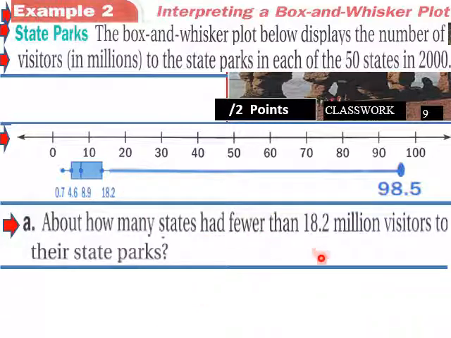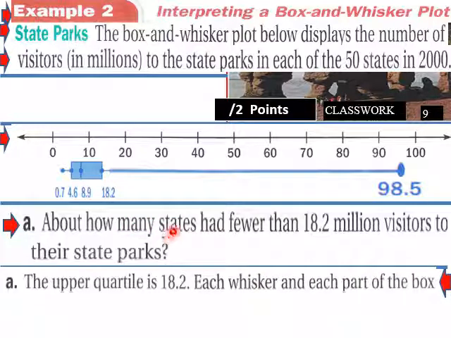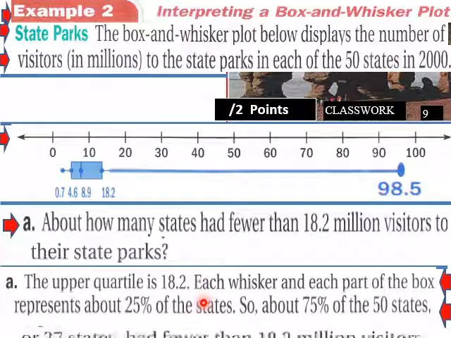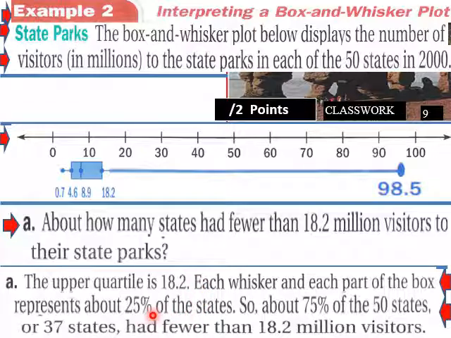So about how many states had fewer than 18.2 million visitors to the state park? So 18.2 is about here. What do we do with that? The upper quartile is 18.2. Each whisker and each part of the box represents about 25%. So that means 75% of the data is below this point here.